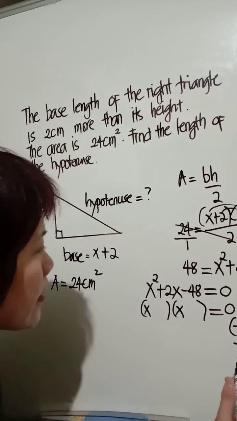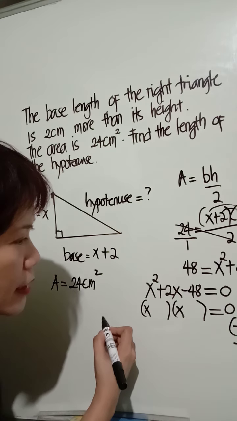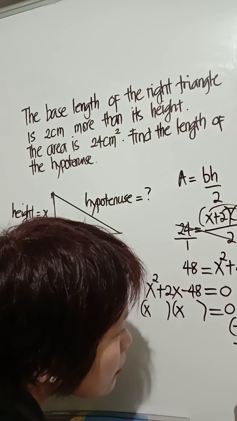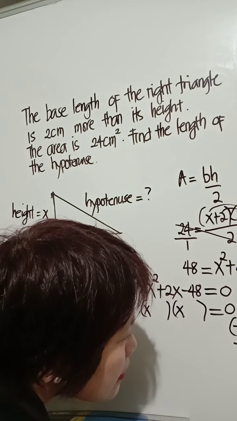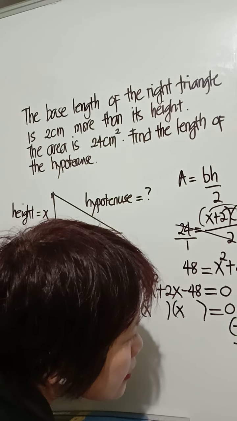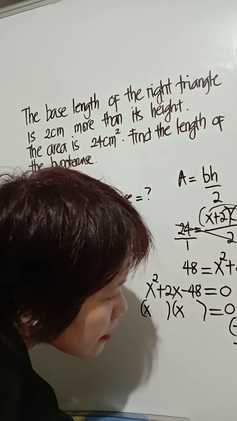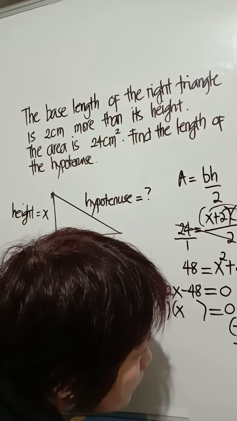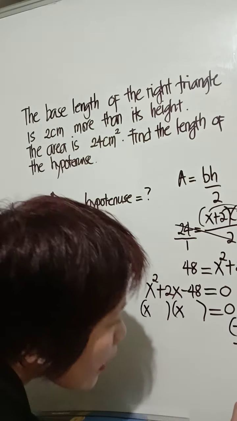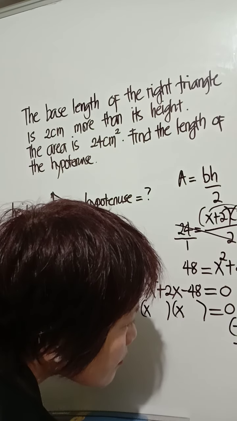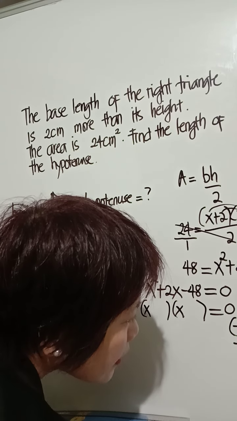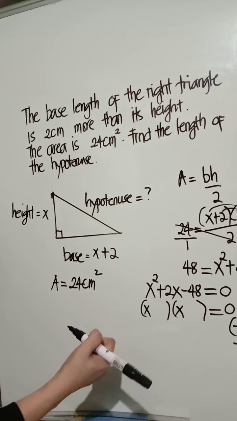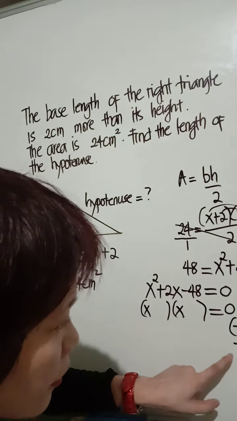Okay, let's try again. Let me write here 8 plus negative 6. Yeah, this gives us 2. And then 8 times negative 6 is negative 48, which is the same as the constant term. So we can now write the factors.